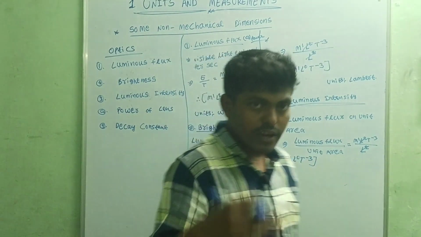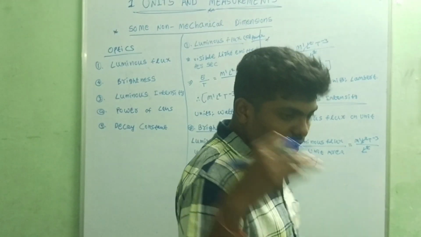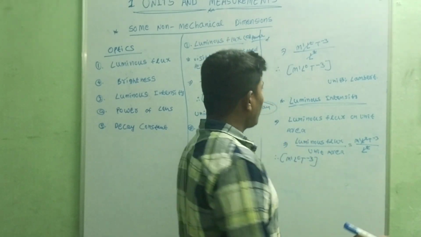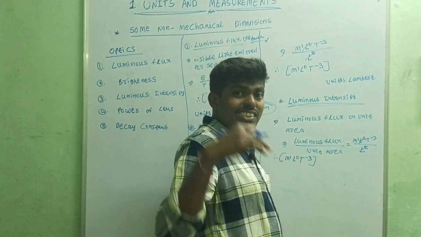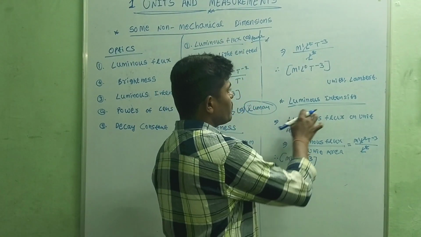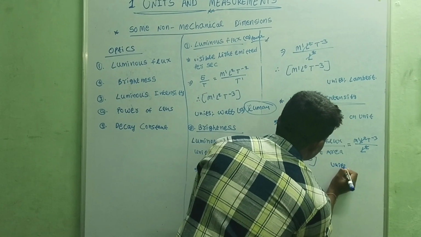The dimensions of luminous intensity and of illumination or brightness are the same, but the unit of luminous intensity is lux.